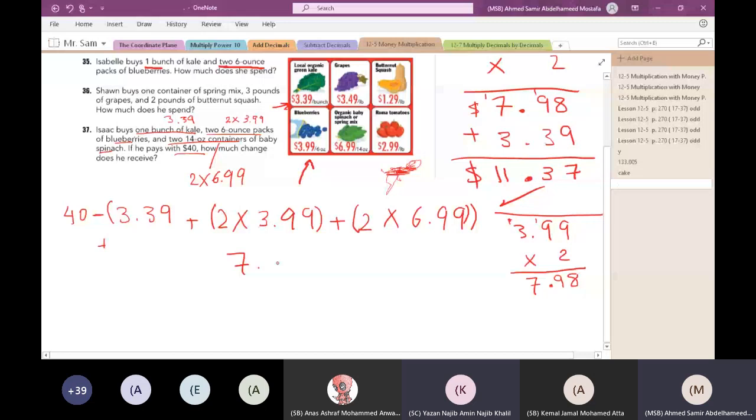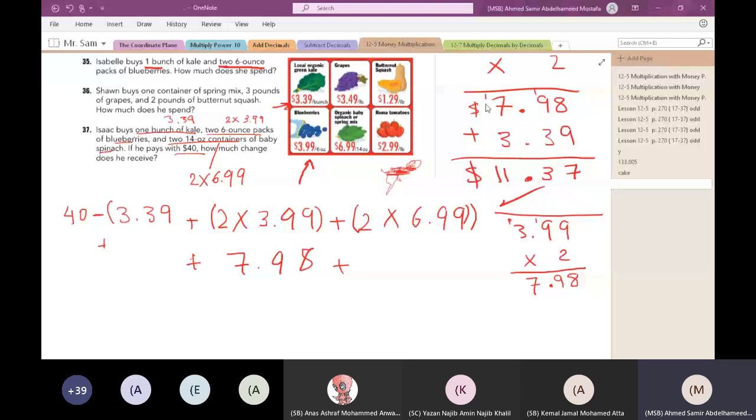And we're still waiting for someone to help us with the second multiplication. This would be coming from Anas from 5B.